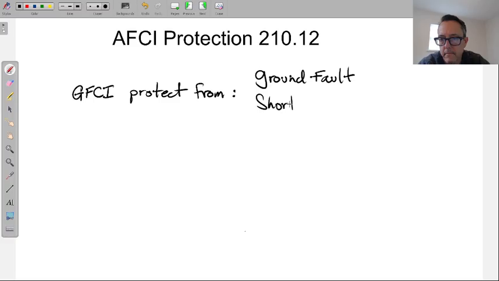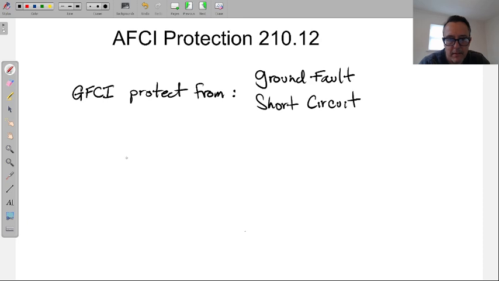They are not. All right, so a GFCI protects from a ground fault and a short circuit. These are the two situations that could put equipment in danger, but more so people in danger. That's the real concern with GFCIs.